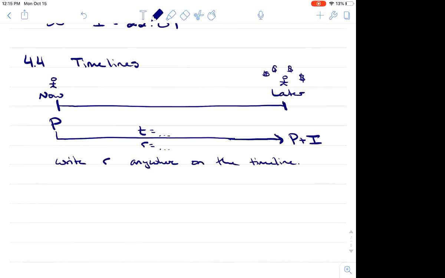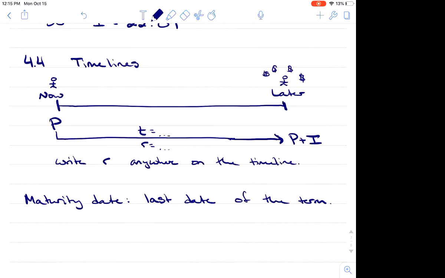So the maturity date is the last date of the term. December 6th in our case. That's our school term.